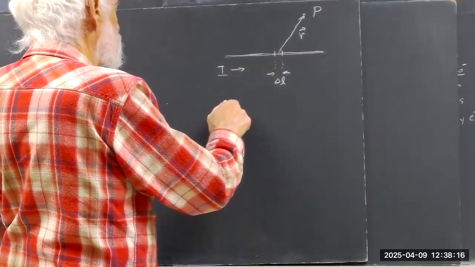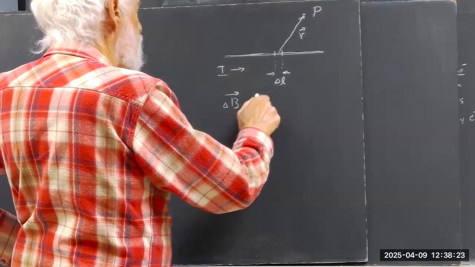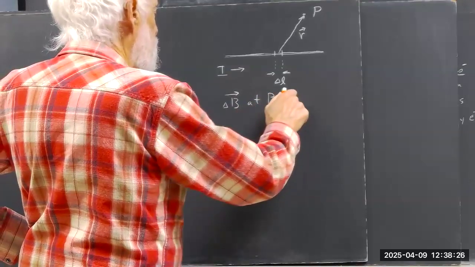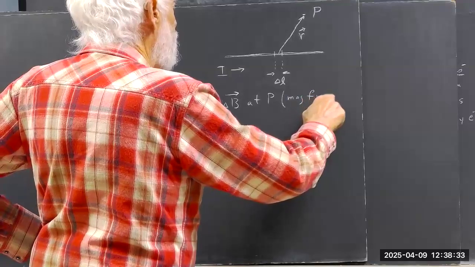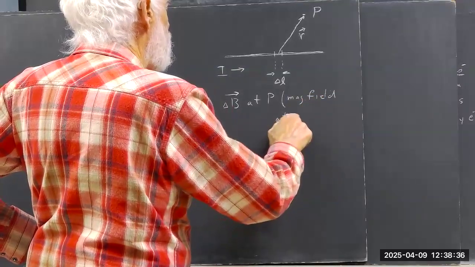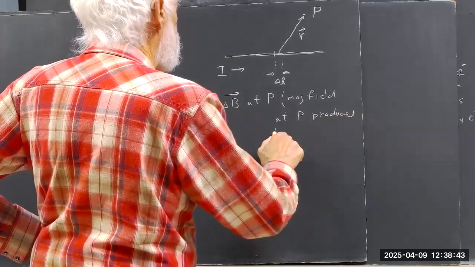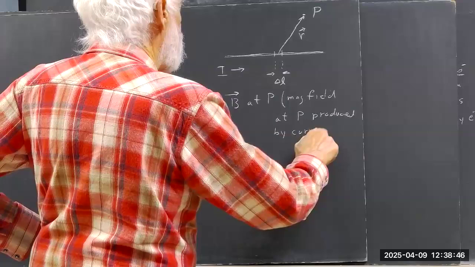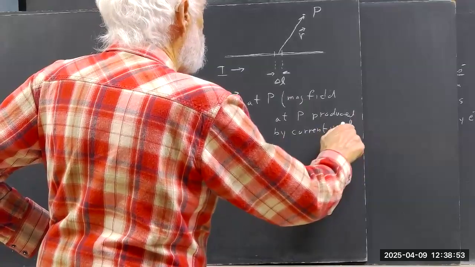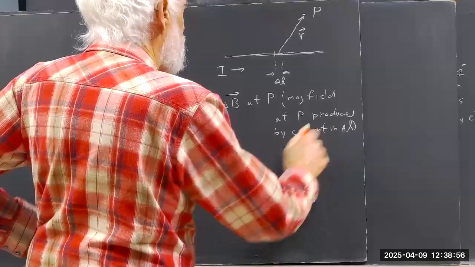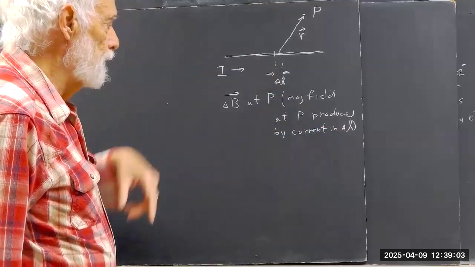Then I'll call it delta B at P. That is the magnetic field at P produced by the current in this delta L segment here.